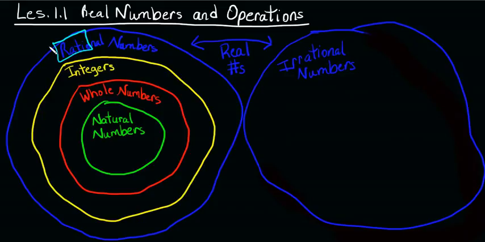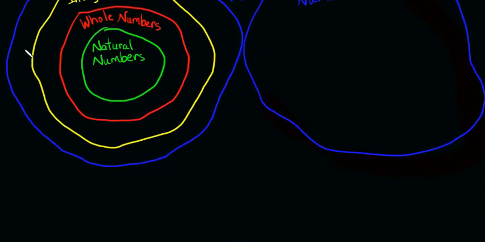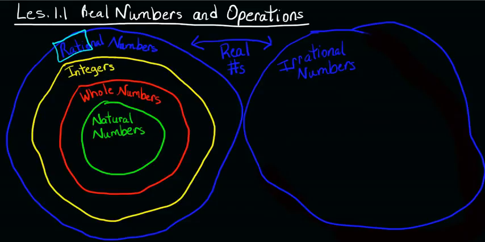When we move over to rational numbers, there are lots of different types. There are integers, whole numbers, and natural numbers. So we're just going to start with the basic, the natural numbers. Those are numbers that we naturally start with when we're counting.